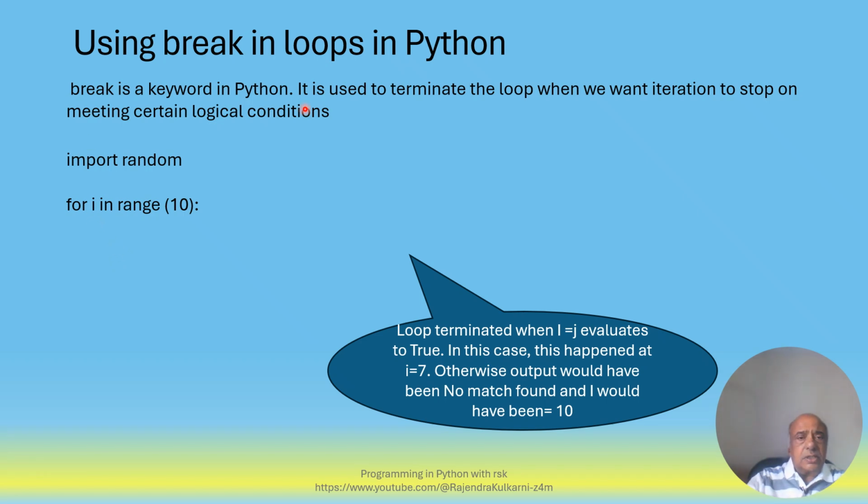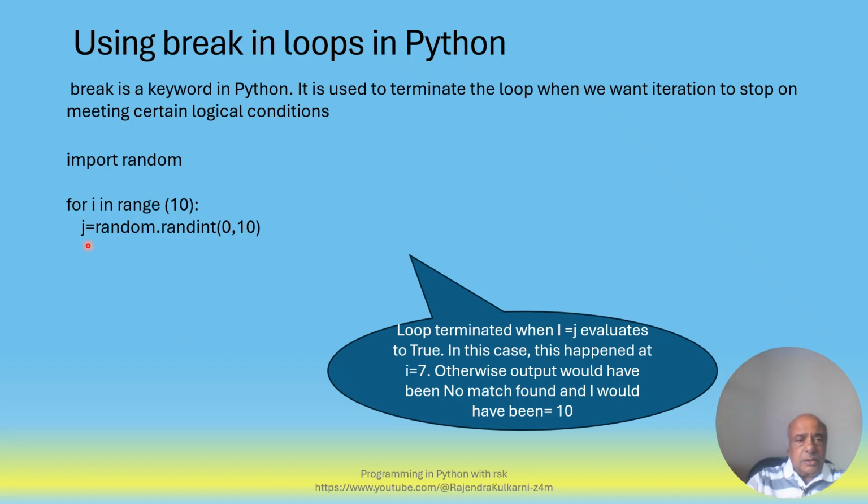Break is a keyword in Python. It is used to terminate the loop when we want iteration to stop on meeting a certain logical condition. The programmer sets a particular condition where we want to break the loop. Till that condition is reached, the loop should iterate.